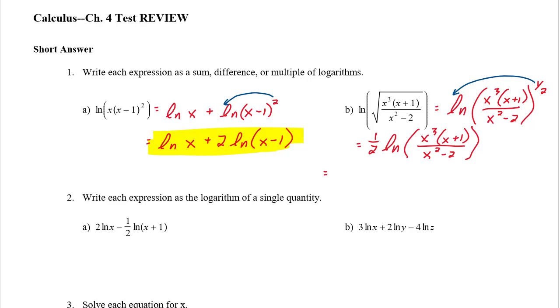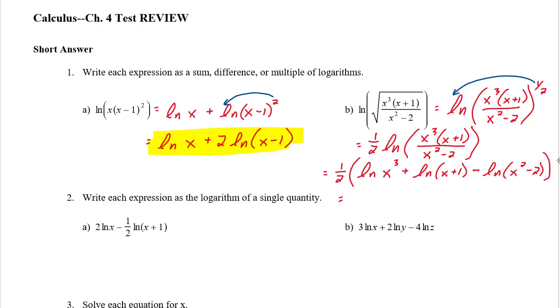Looking for products and quotients to be able to separate. The 1/2 is a coefficient in front of everything, so I'll have to remember to group it. And in this case I've got the natural log of x cubed that's going to add with the natural log of x plus 1 because there's multiplication. And then I'll subtract the natural log of the x squared minus 2 because that's what we're dividing by.